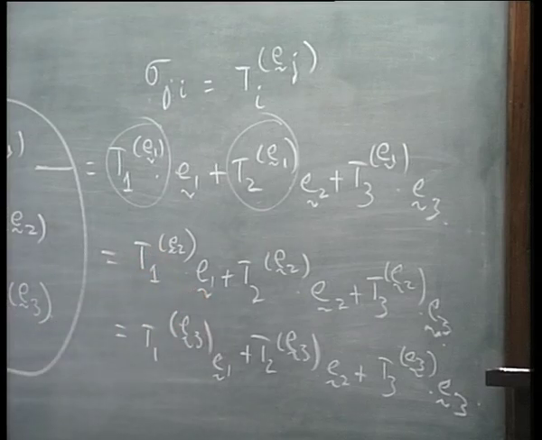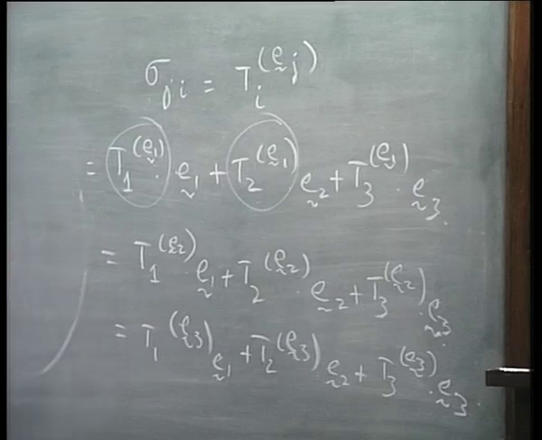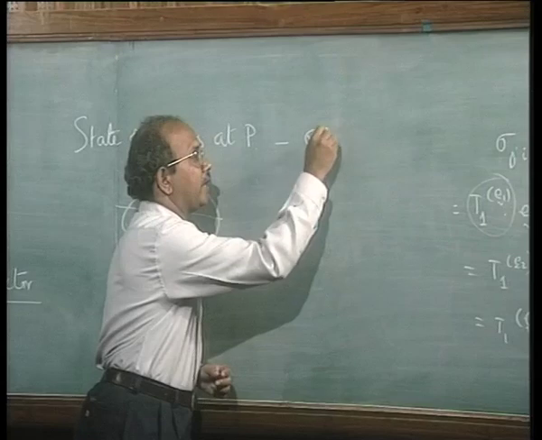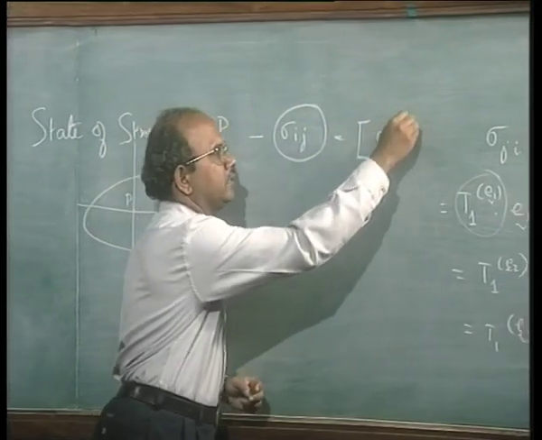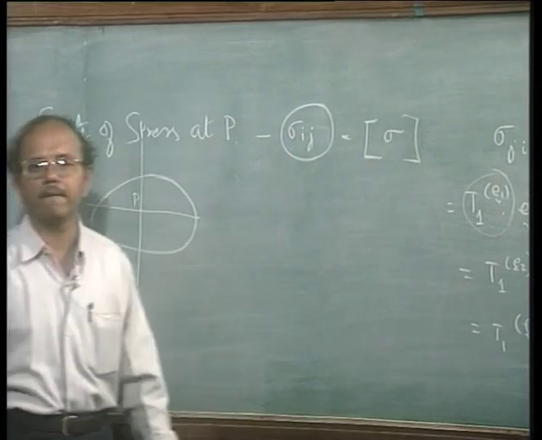So, this sigma ij is defined as the state of stress at a point, which you can say is a matrix of sigma.